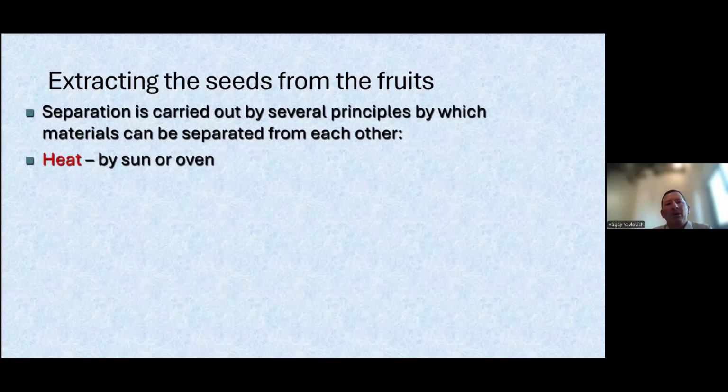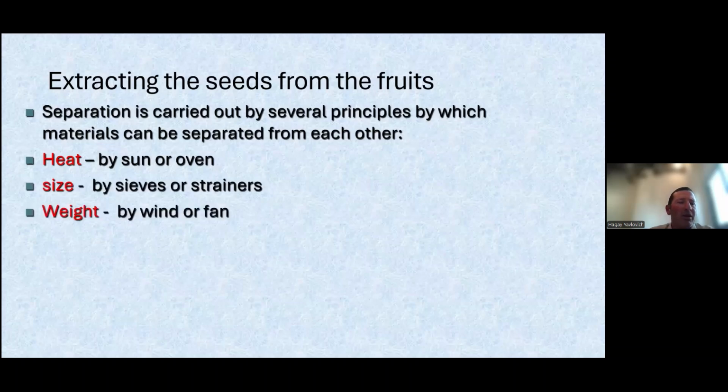We try to separate one from the other, and we will speak about all of them now quickly, and then we will speak about each one in more detail on a different slide.